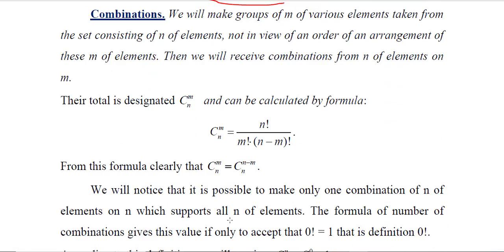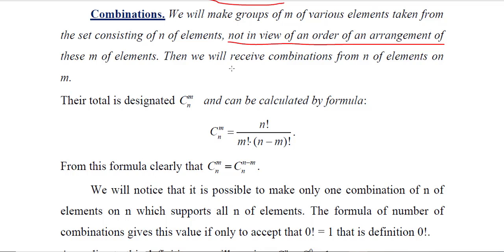Okay, and the next element, this is combination. Here we will make groups of m of various elements taken from the set consisting of n elements, not in view of an order of arrangement of these m elements. So the main difference between placement and combination is this sentence: not in view of an order of an arrangement of these m elements.